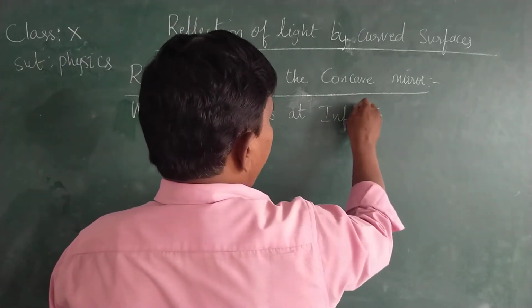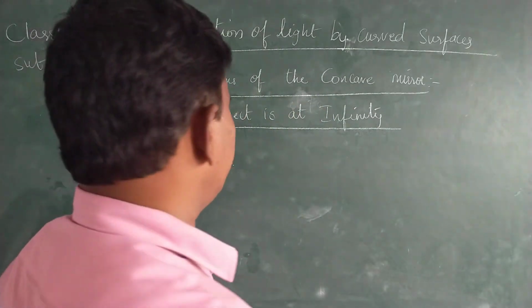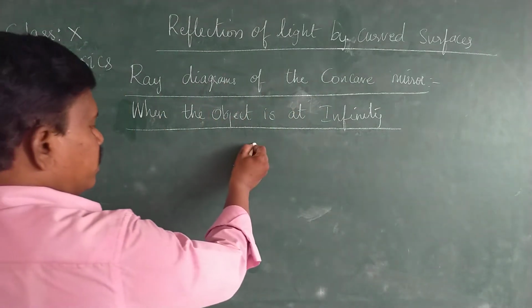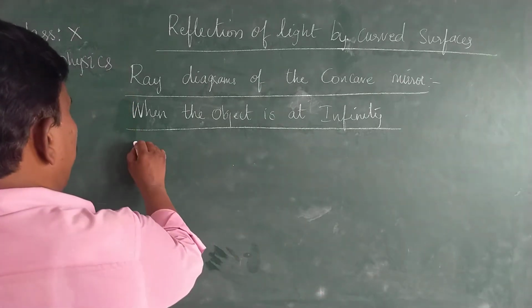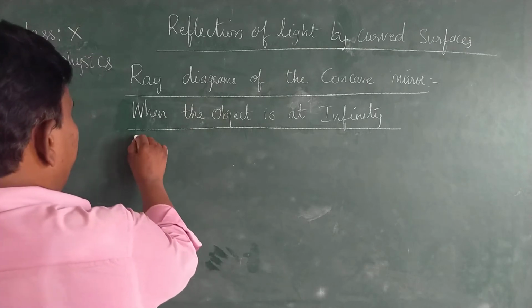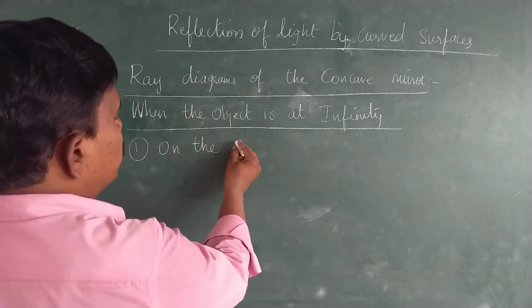In this placing of the object at infinity, we will have 2 positions. The first position is when the object is on the ground.